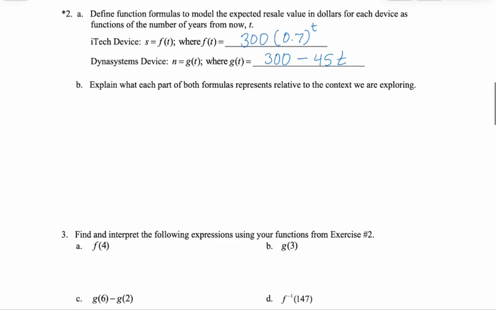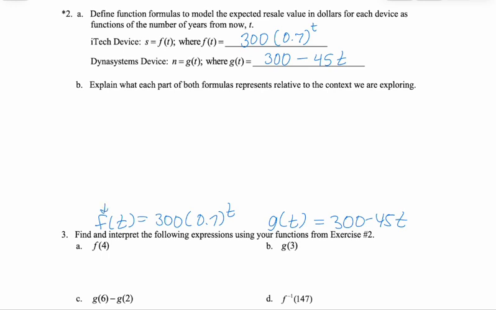So we have these equations. Let's go ahead and evaluate some things, okay? So remember, I'm going to write these down here so we have them. f of t is 300 times 0.7^t. g of t equals 300 minus 45t.